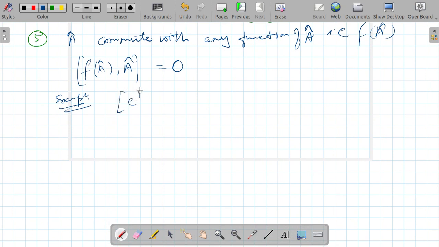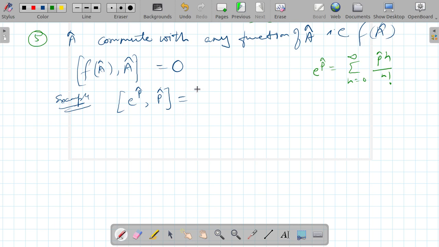I am considering e raised to the power p, with p the operator, and as I know, the exponential function can be written in this form: the sum with n varying from 0 to infinity of p raised to power n over n factorial.